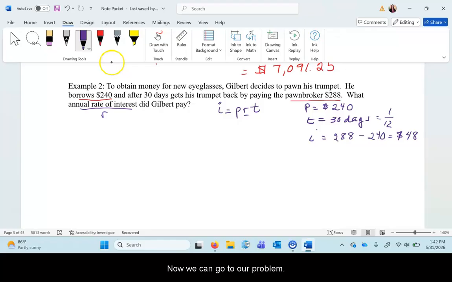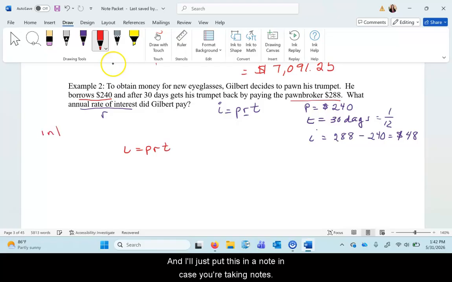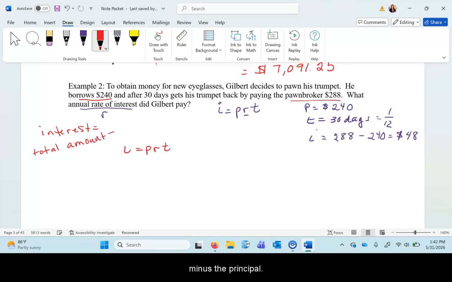Now we can go to our problem. So here, I equals PRT. So just so you know, and I'll put this in a note in case you're taking notes: if we're trying to find another variable, the interest is always going to be the total amount minus the principal.